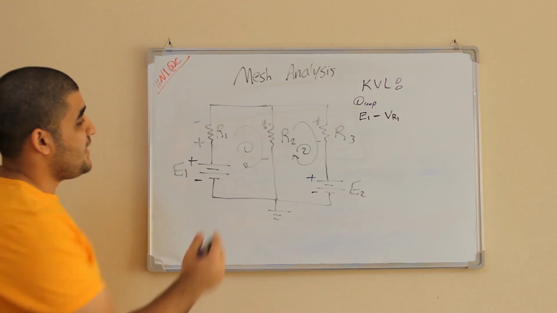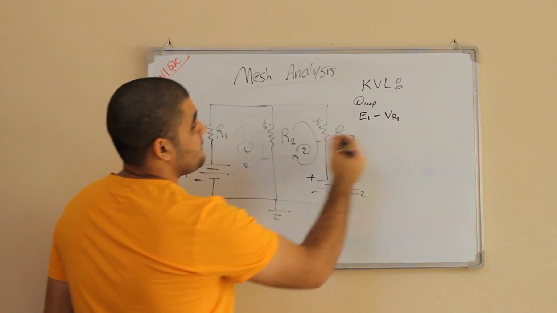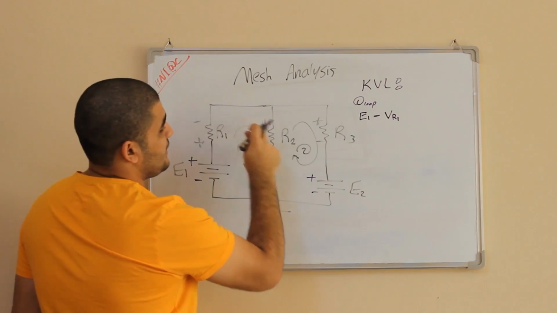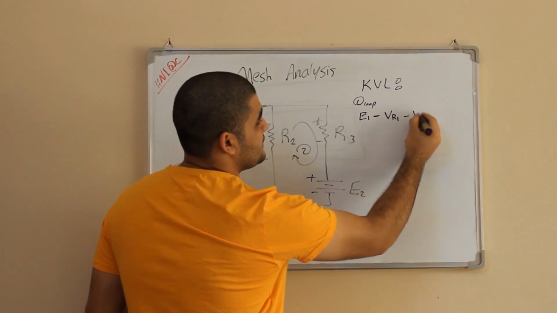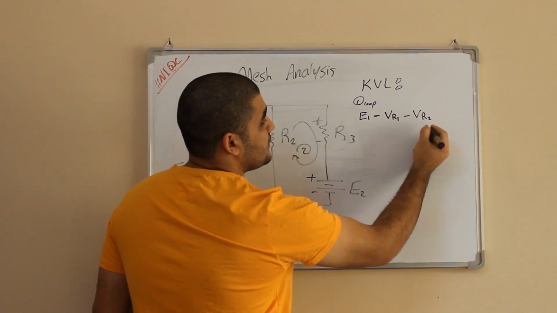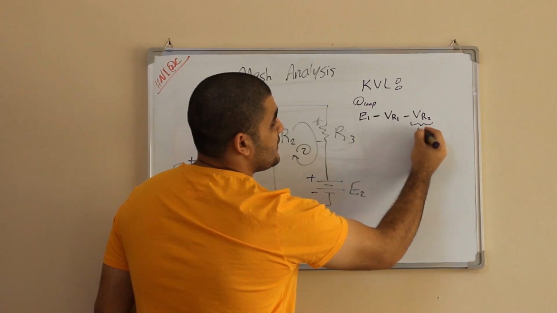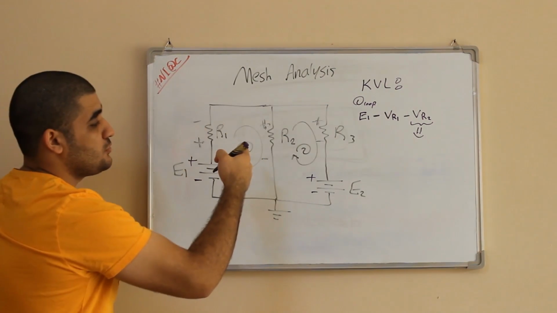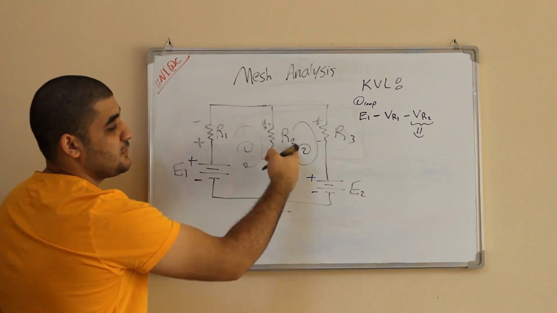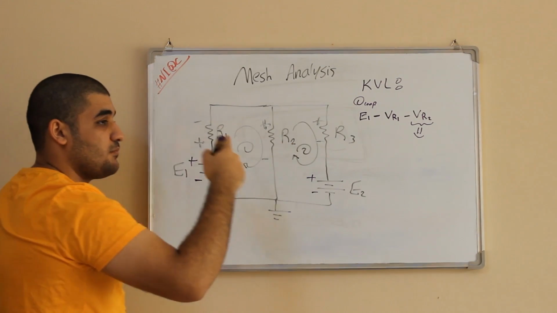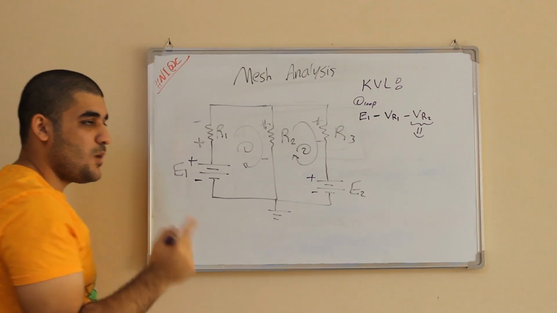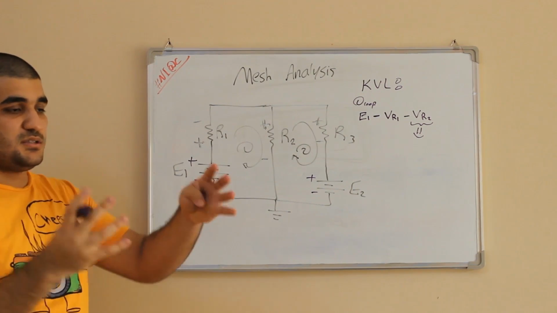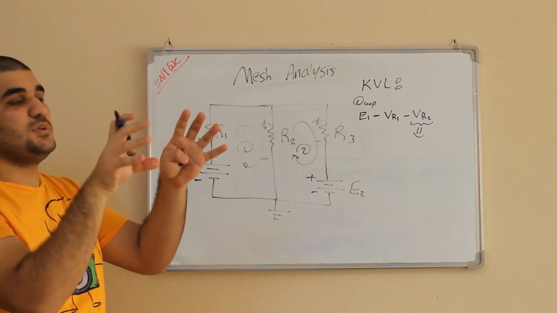So that means, since the arrow is against the plus sign, minus VR2. But what is VR2? VR2 is the resistor multiplying this current minus this current. Why minus? Because it's a common element between two meshes.